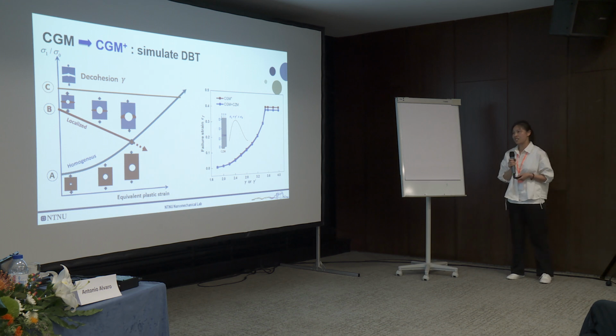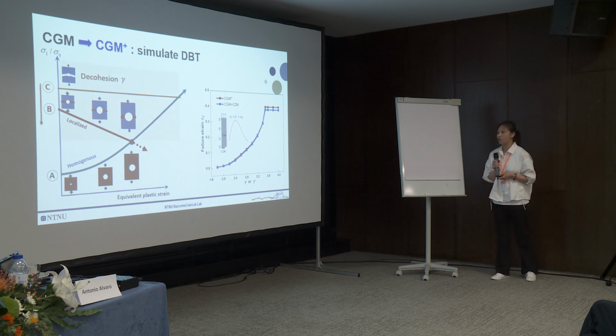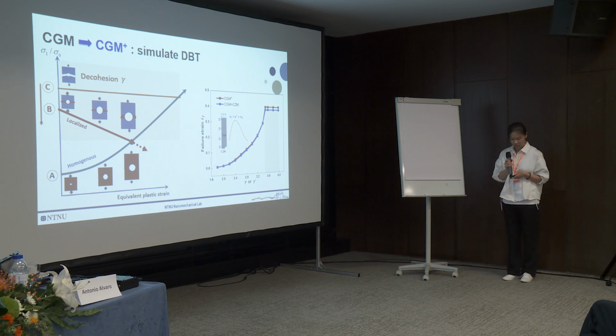It's a stress-based decohesion criterion, and this decohesion stress can be defined as gamma. Actually, gamma is quite flexible, and when gamma is located in the orange region, it will have no effect on the global failure strain. Still, the void coalescence would happen at this red intersecting point.